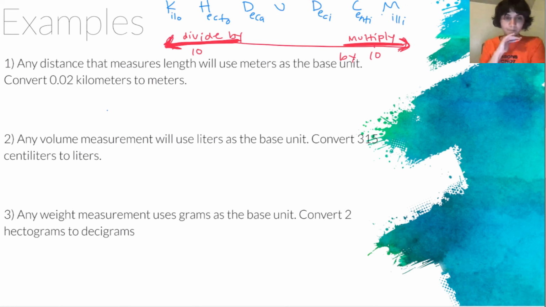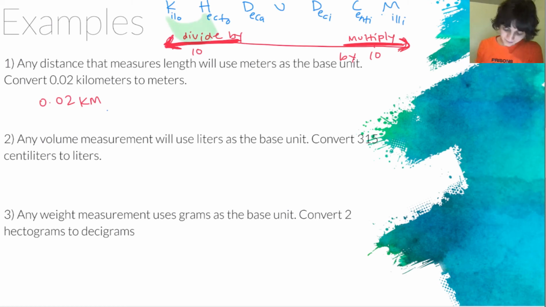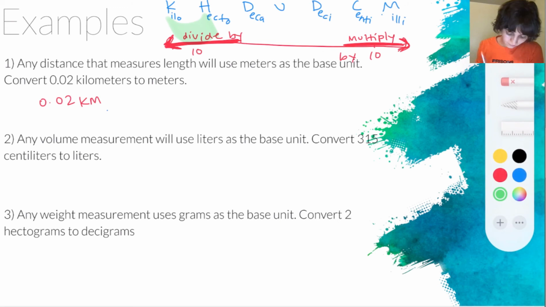So question 1. It starts off with a reminder that any distance that measures length will use meters as the base unit. And then I'm asked to convert 0.02 kilometers to meters. Okay, so I start off with 0.02 kilometers. To go from kilometers to meters, my base unit, I have to move over 1, 2, 3.